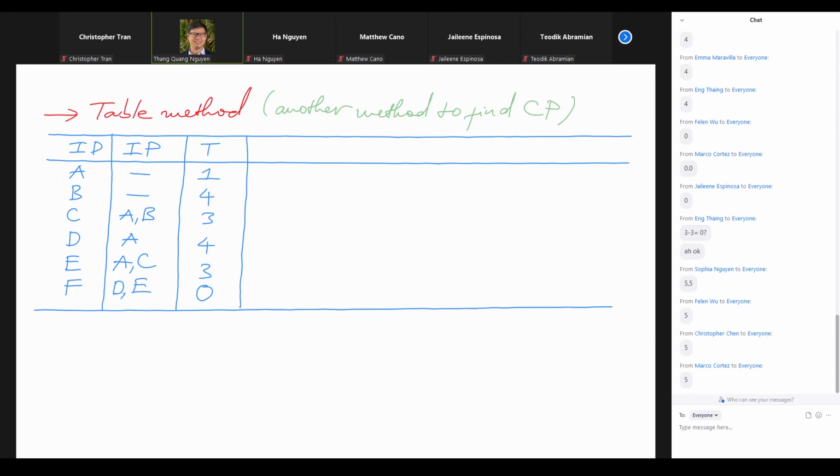So if you open homework question 25, I also give you these 3 columns. And now we need to fill in the following columns: the earliest start column, the earliest finish column, the latest start, the latest finish, and finally the float time column, right? So that's the layout of the table method.